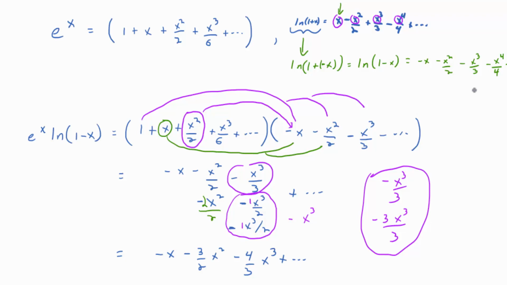So I'll say this. E to the x, this power series, Maclaurin series specifically, is defined for all x values, but not so for natural log of 1 minus x.